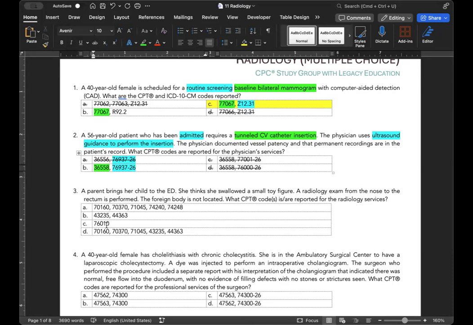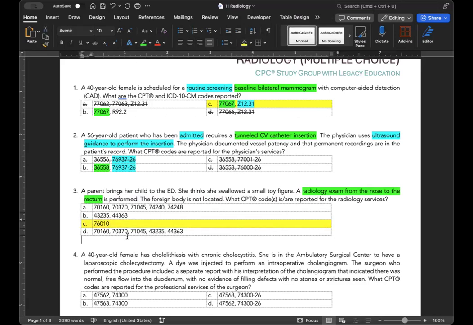76010. And that is a radiologic exam from nose to rectum for foreign body, single view. So since we did radiology exam nose to rectum, all of that is included in that single code.